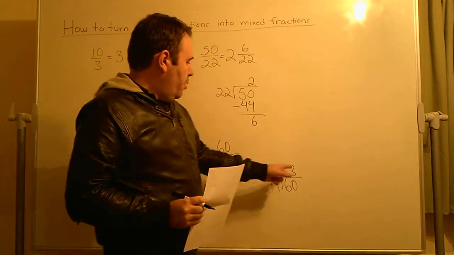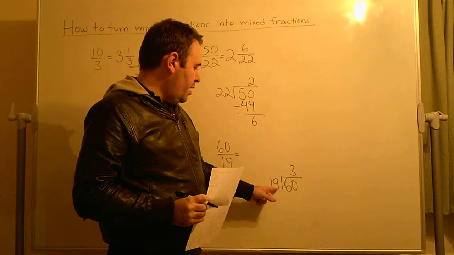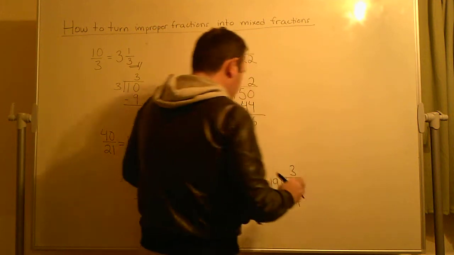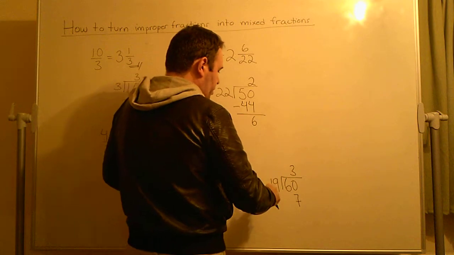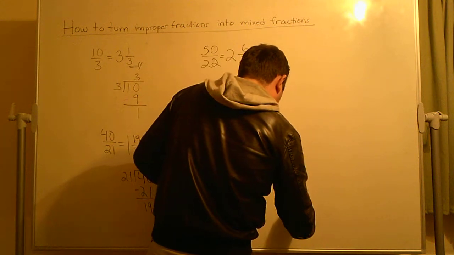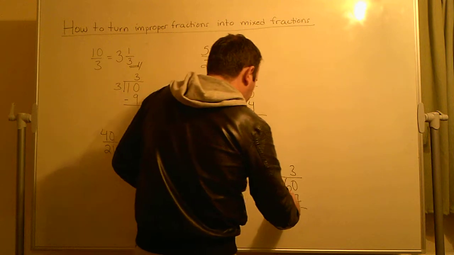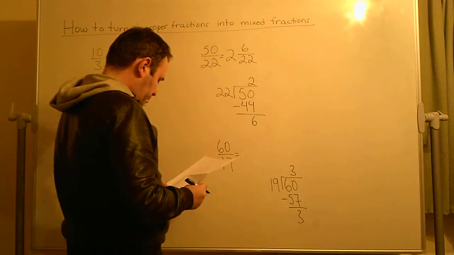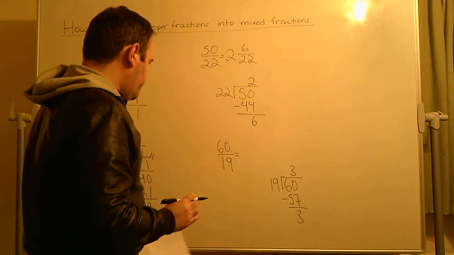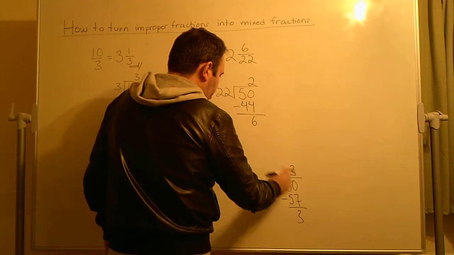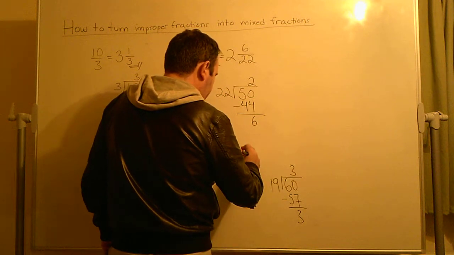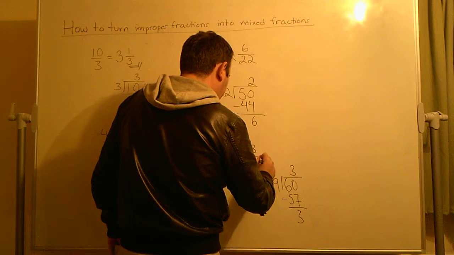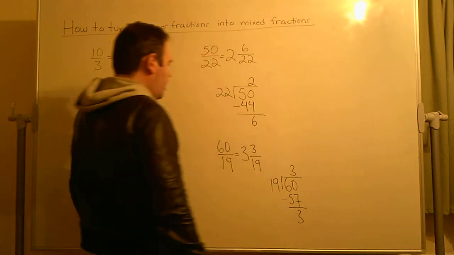So 3 times 9 is 27, and we carry 2. 3 times 1 is 3 plus 2, 5. So we write down a minus here, and then 60 minus 57 is 3. So how do we write it down? Well, we take this 3 here, we take the remainder, which is 3, divided by 19.